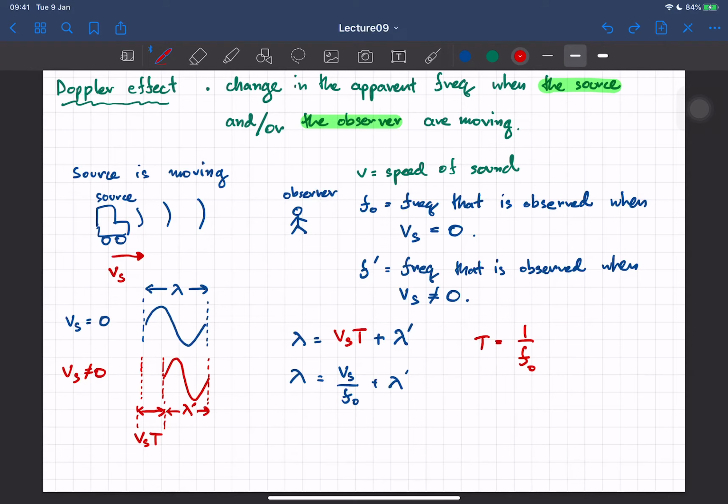Okay, so that means lambda prime is the wave which combines the effect of the movement of the source. So that's going to be the lambda that the observer is going to observe, right? So lambda prime then can be written as lambda minus Vs over F0, like this.